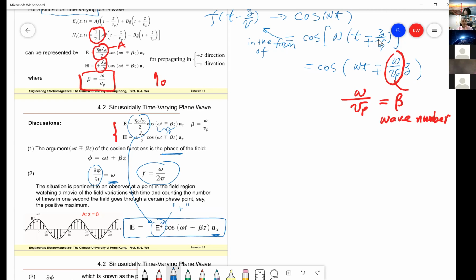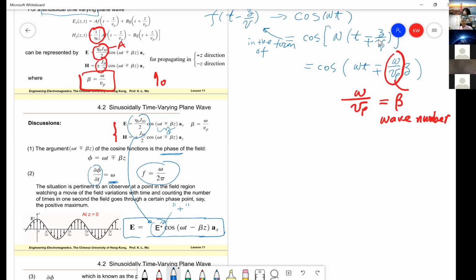Remember, we have two vectors, and we always need to deal with these two different physical meanings. One is the polarization direction, which means the electric field is a vector. Another is the propagation direction, which is also a vector.